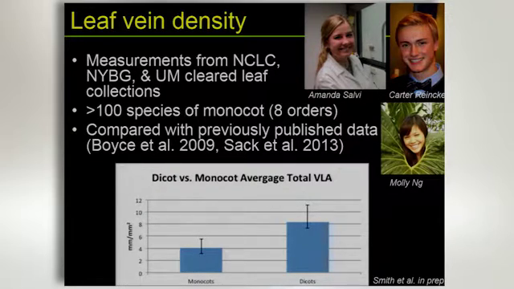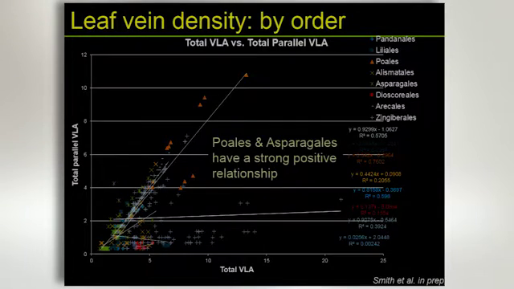So if you look just at average total VLA, monocots are a lot lower than dicots, maybe not surprising. But one of the interesting things is we can plot total VLA against total parallel, just the parallel VLAs, and we see some strong relationships.